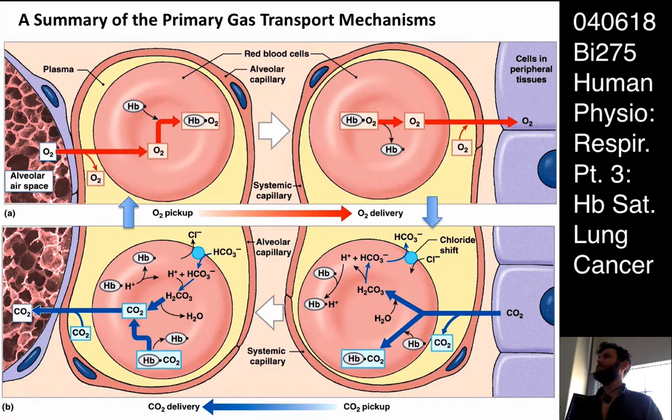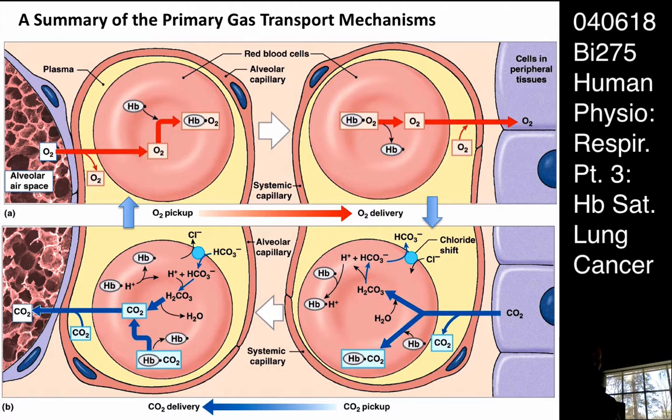So first of all, there's diffusion across the 0.5 micron membrane in the alveolar airspace, where oxygen is picked up, mostly, the vast majority of oxygen is picked up by hemoglobin. There is a teeny tiny amount of oxygen that gets directly dissolved in the blood.